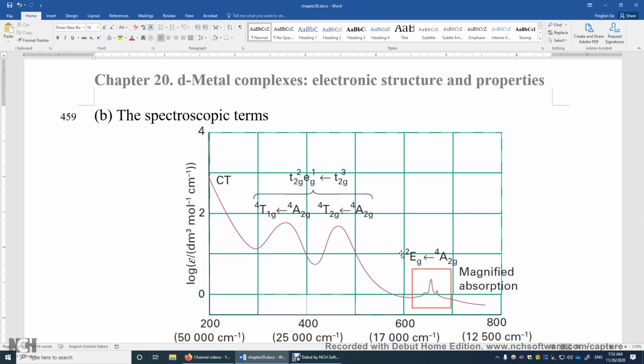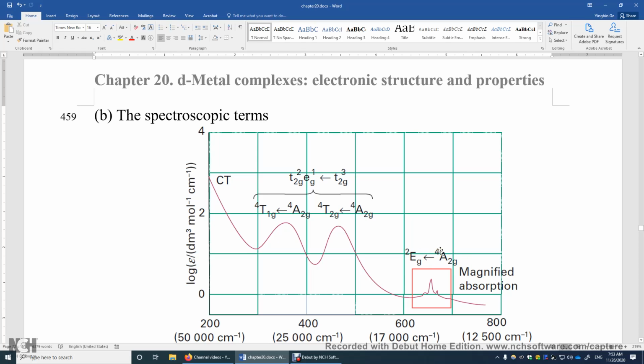Okay, 1 electron in 1 orbital, so don't worry about the electron pairing energy here. But this 2Eg has higher energy than this 4A2g. Why? In here, you have alpha, alpha, beta, or alpha, beta, alpha, or beta, alpha, alpha. So now you flip one of the 3 alpha electrons to beta.